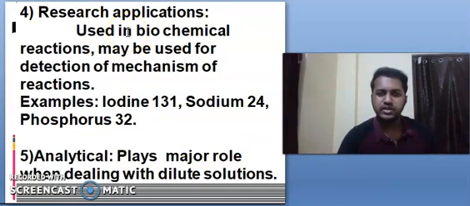Research applications: used in biochemical reactions, may be used for detection of the mechanism of reactions. Example, iodine 131, sodium 24, phosphorus 32. Number 5, analytical, plays a major role when dealing with dilute solutions.